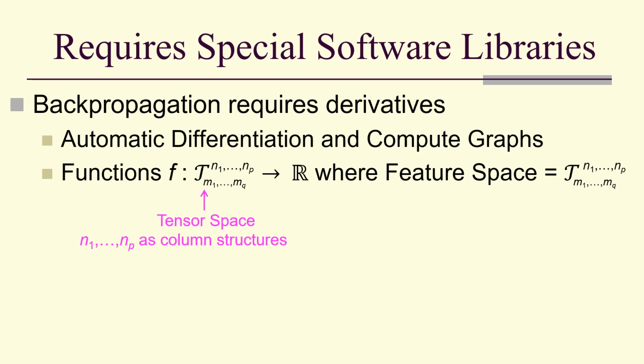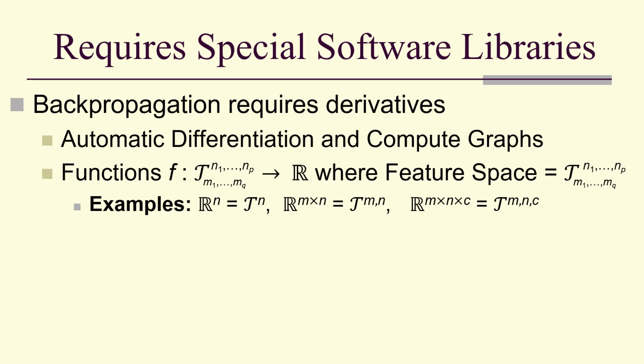So the N1 to NP is column-like indexing, and the M1 to MQ is row type of indexing. So Rn is just one single upper index n. Rm cross n is two upper indices m and n. Rm cross n cross c is three upper indices m, n and c.